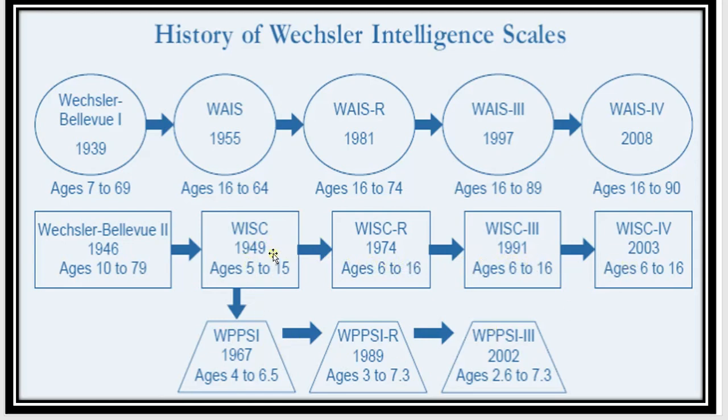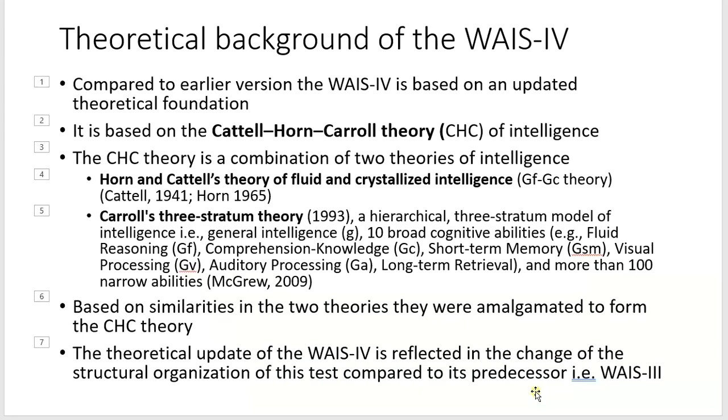And from this WISC, the Wechsler Preschool and Primary Scale of Intelligence was developed for preschool children in 1967. WPPSI-3 is the recent version available, developed in 2002, and the age range is 2.6 years to 7.3 years. So this is the brief history of intelligence tests.